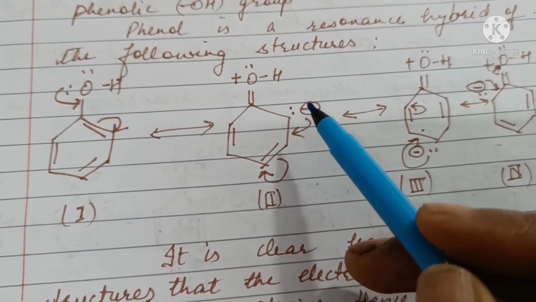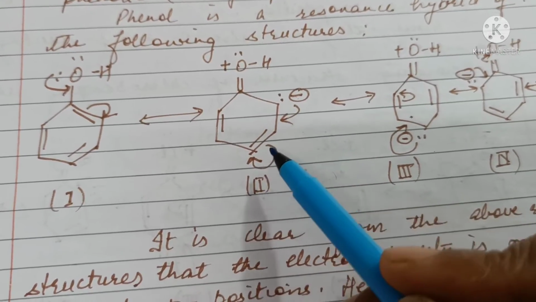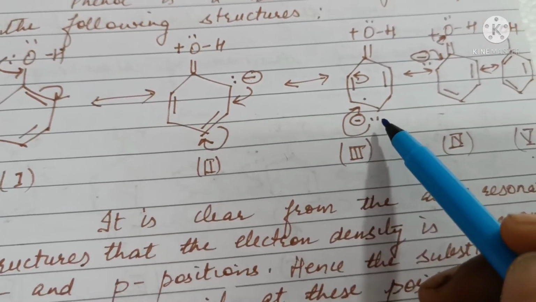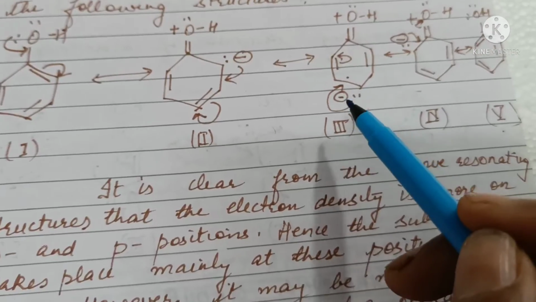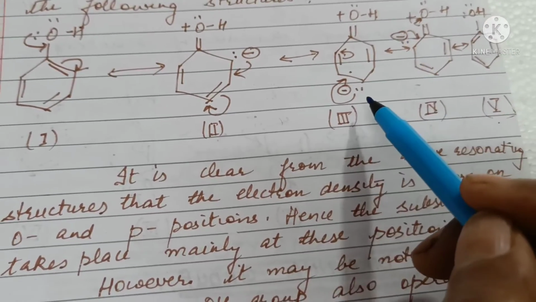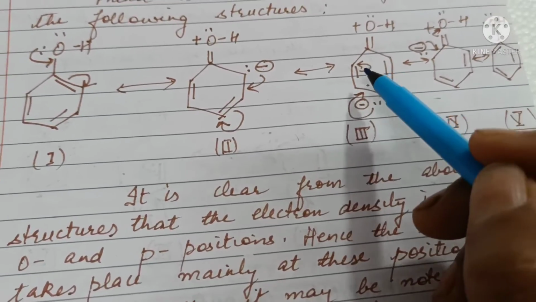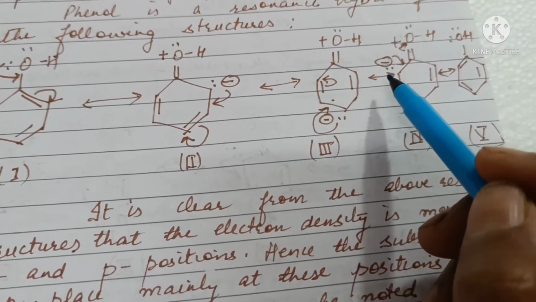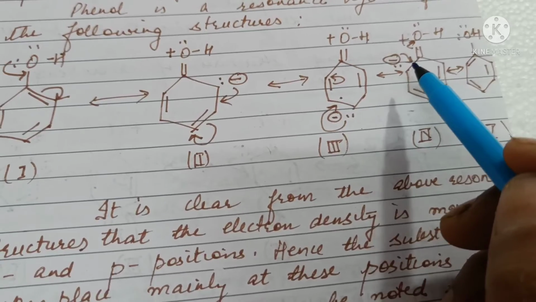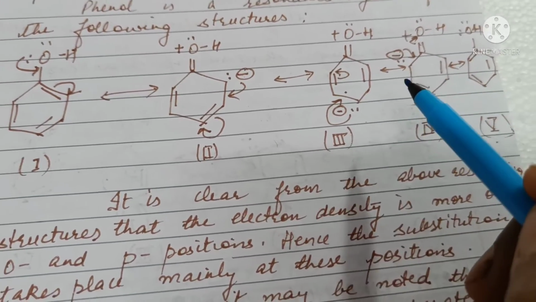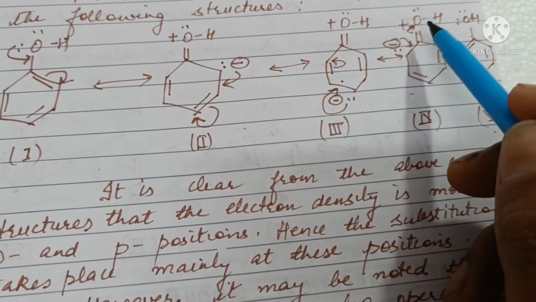To form the next structure, the electrons will move here and these electrons will come to this carbon atom, and a negative charge comes on the para position. In the next structure, these electrons move here, these to the next carbon atom, and a negative charge comes on the ortho position with respect to the OH group.